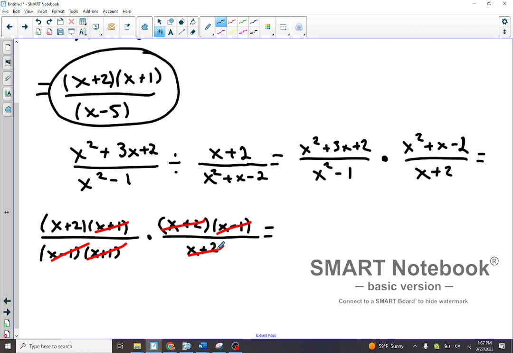Remember, when you multiply, you make it one big fraction anyway, so it doesn't matter. Suppose there was an x plus 1 here, would I be able to cancel this and this out? No. He means diagonal. Okay, fine. So x plus 2 is the only thing left over. So that's your answer, x plus 2.